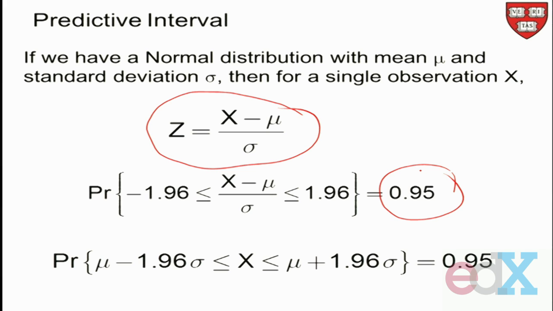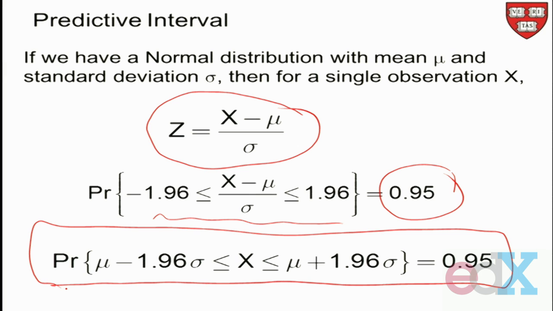Okay, so there is that statement. Now we can just multiply through by sigma, add mu to both sides, and what do we have? We end up with this statement.